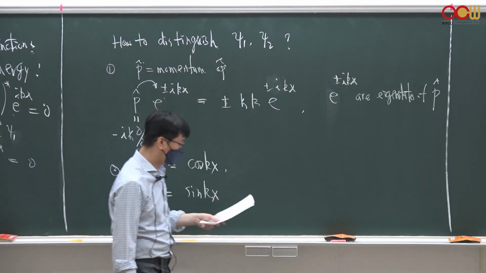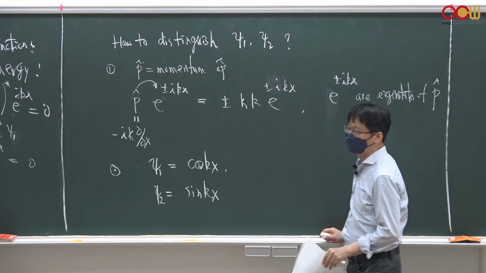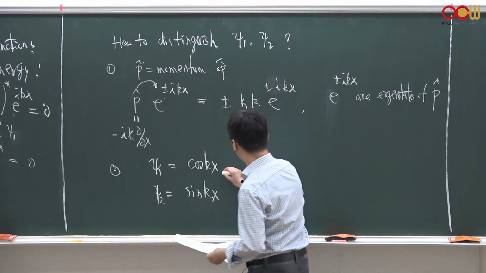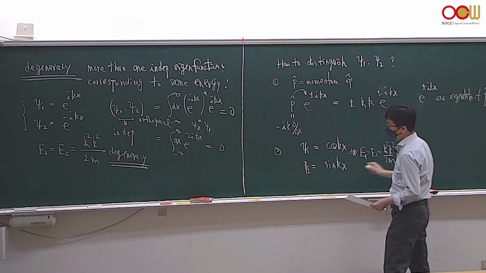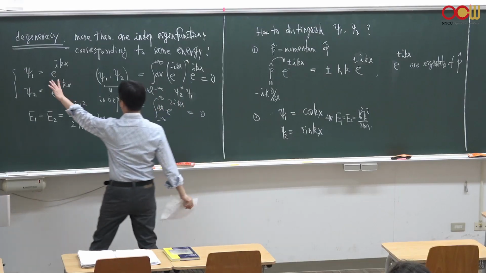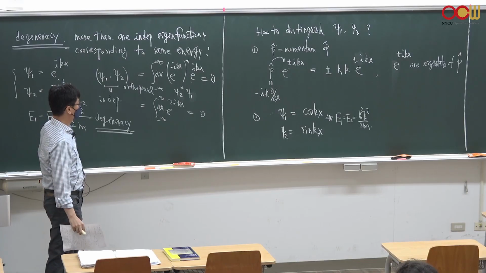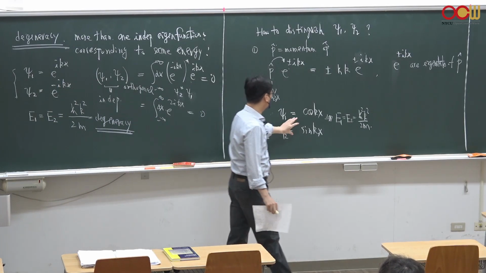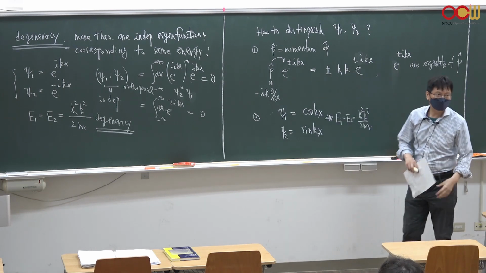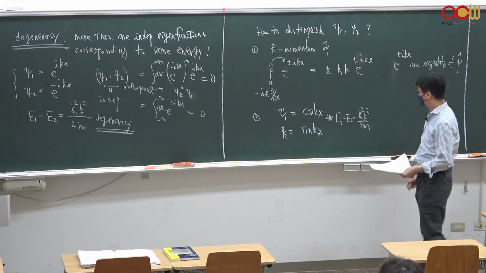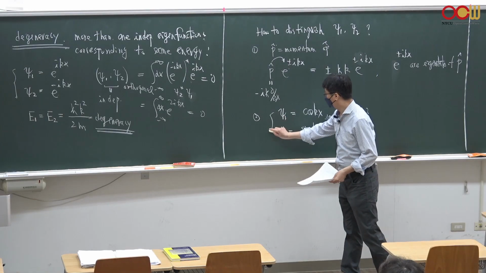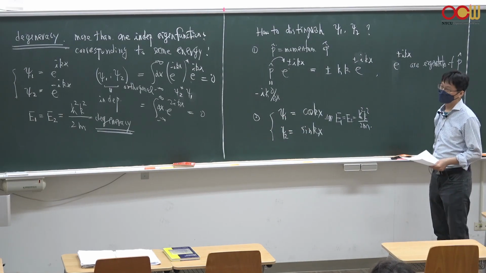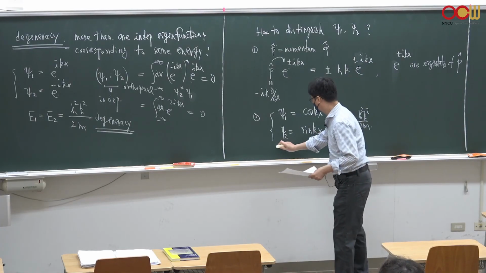Even and odd functions are, of course, independent from each other. And these two give you the same energy, just like the two traveling waves to the right or to the left. Here, cosine and sine are different examples of degenerate states. These two states are independent, but they have the same energy, so we call them degenerate states.